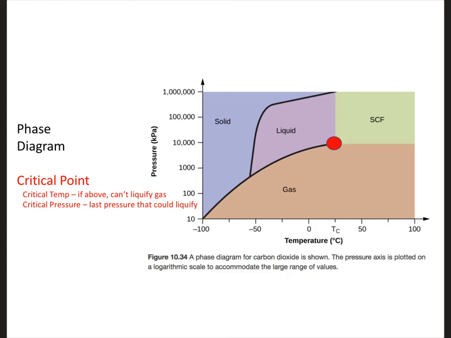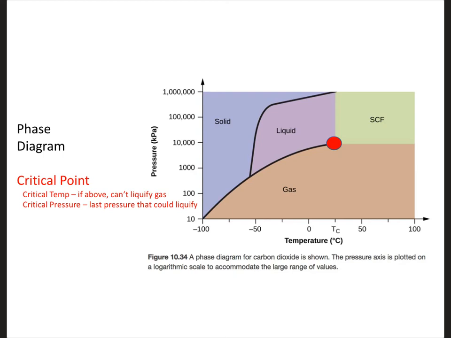The critical point is up here by the SCF area. So what the critical point means is that after you get to a certain temperature, you're not going to be able to get that gas to go back into being a liquid. Doesn't matter how much pressure you apply, it is so hot you cannot get it to condense back into a liquid. You can apply all the pressure in the world and we can't get it to go back.